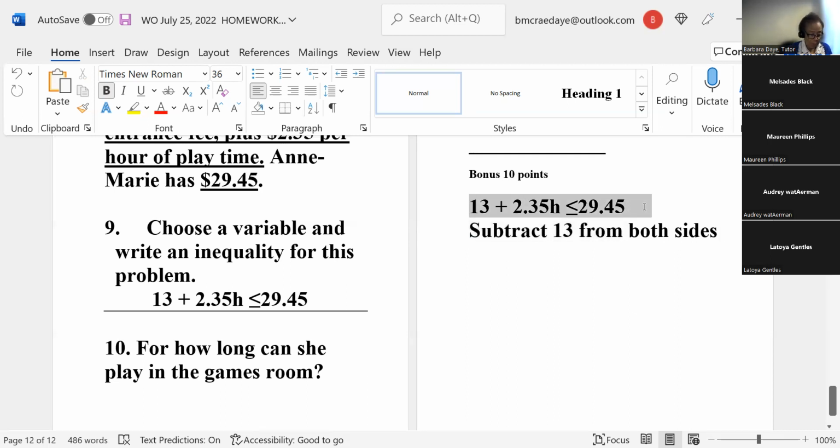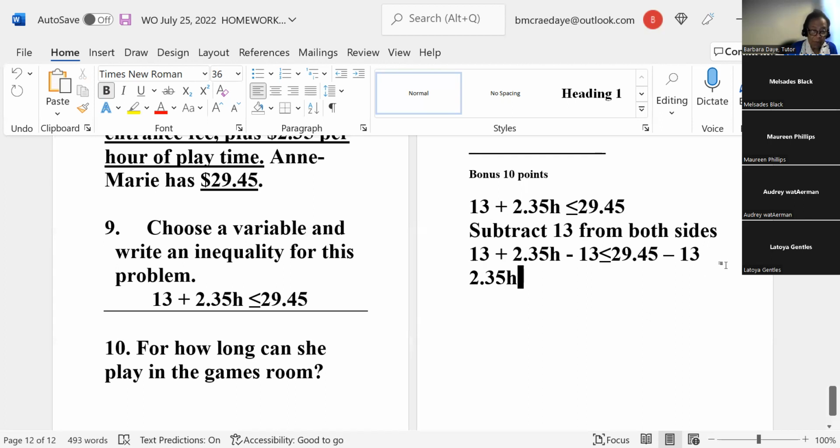Okay, Audrey, when you did that, what did you get? When I subtract 13, I get 16.45. Okay, so this is minus 13 and minus 13. So you got 2.35 H left because you're trying to find the number of hours she can play.